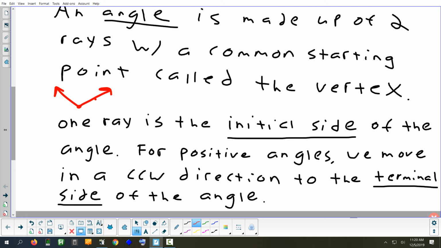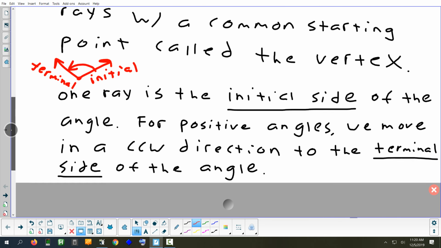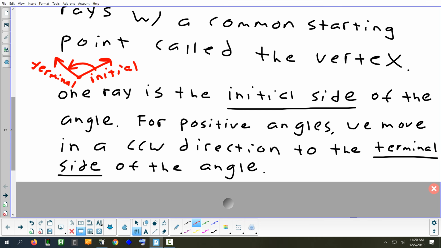So start at one of the rays, stay between them, rotate counterclockwise. Where you end up is the terminal. So that's the terminal side of the angle. That's the initial. So it's a counterclockwise rotation between the two rays.